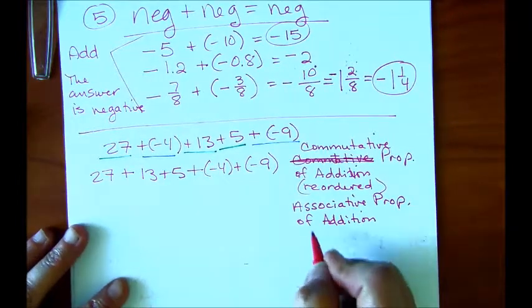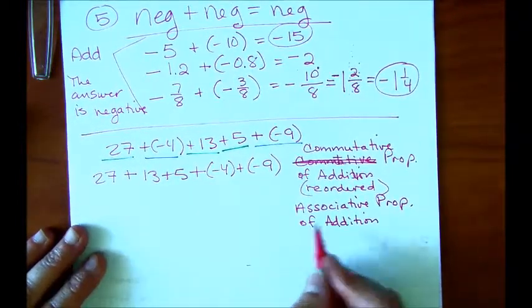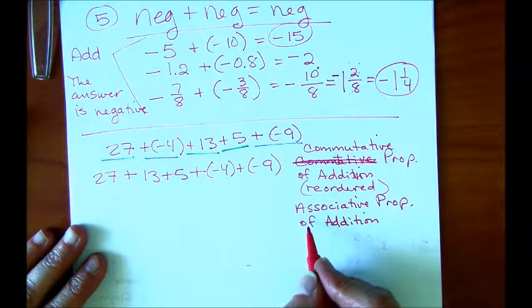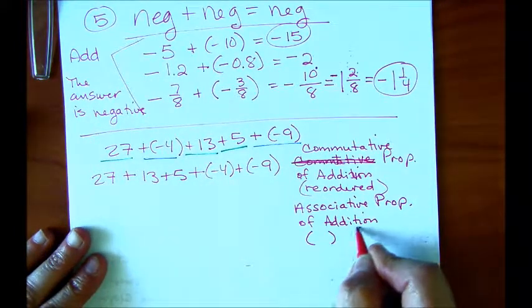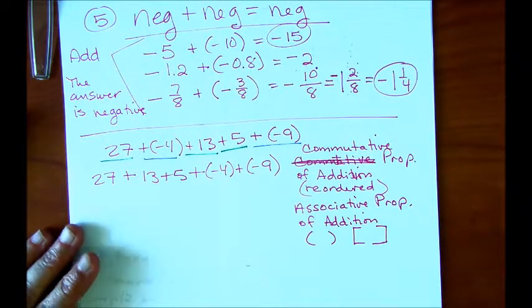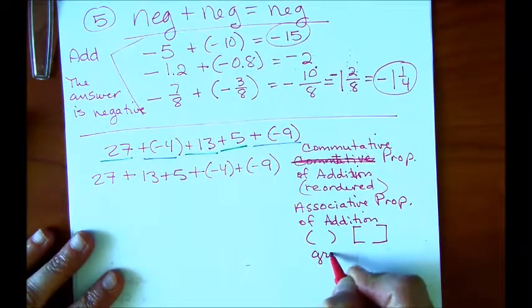When you're doing the associative property, you're using grouping symbols, like parentheses, or you could use brackets. So we're grouping.